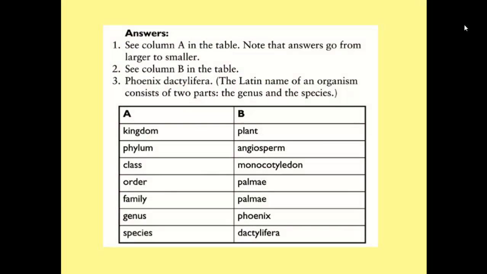Number 1, complete the classification groups in column number A. Here we have the classification. First of all, we have the kingdom. Under it we have phylum, then class, order, family, genus, and species.